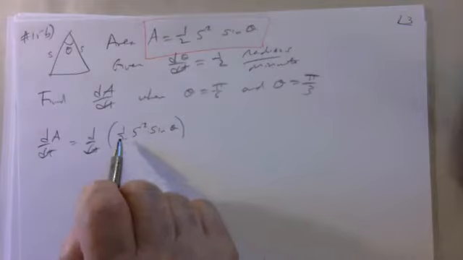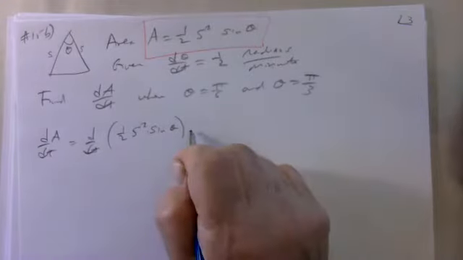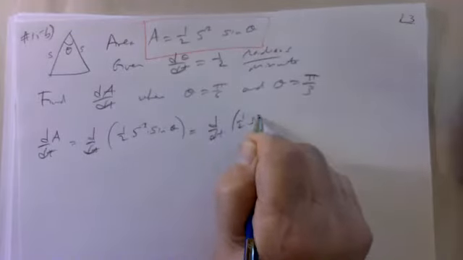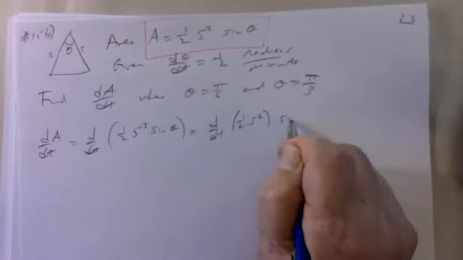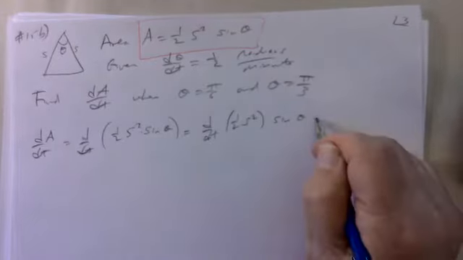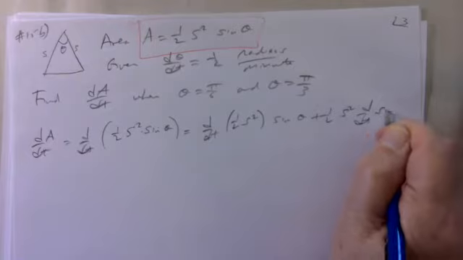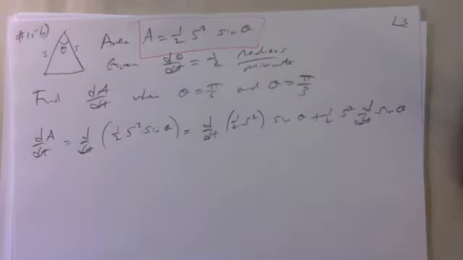So if you think of this as the product of this times this, it is the derivative with respect to t of 1/2 S squared times sine theta, plus 1/2 S squared times the derivative with respect to t of sine theta.